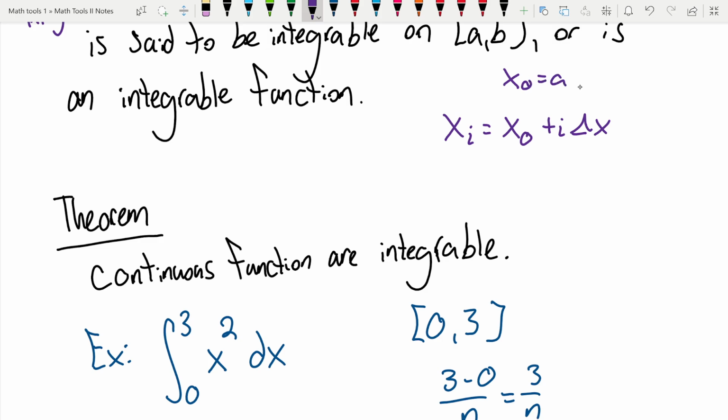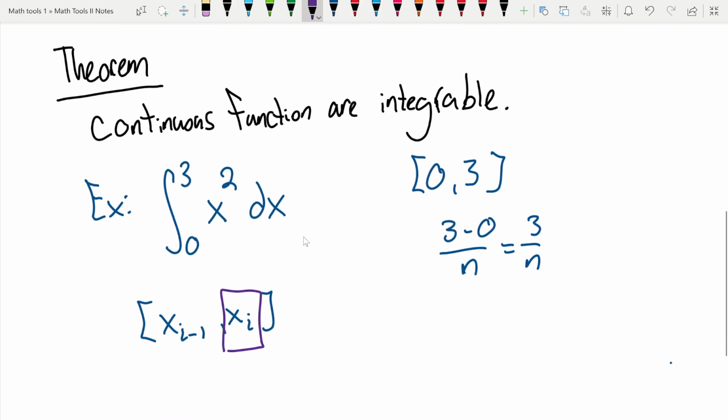Generally we say x0 equals a and xn equals b. So this is a general formula for the xith point, which will help us here because we're doing the right endpoint approximation. So if we do that for our case, x0 is equal to a, which is 0.